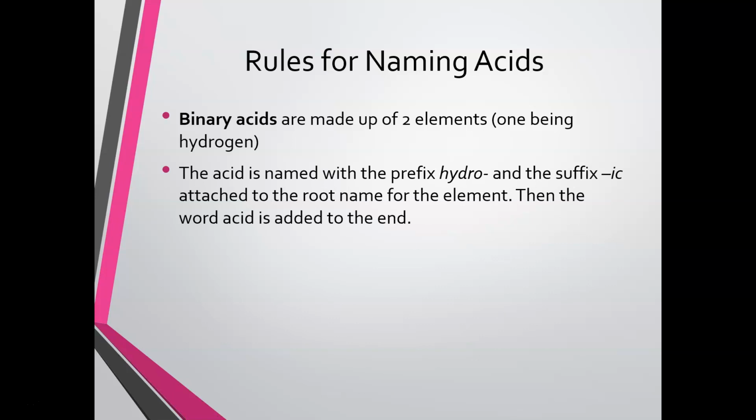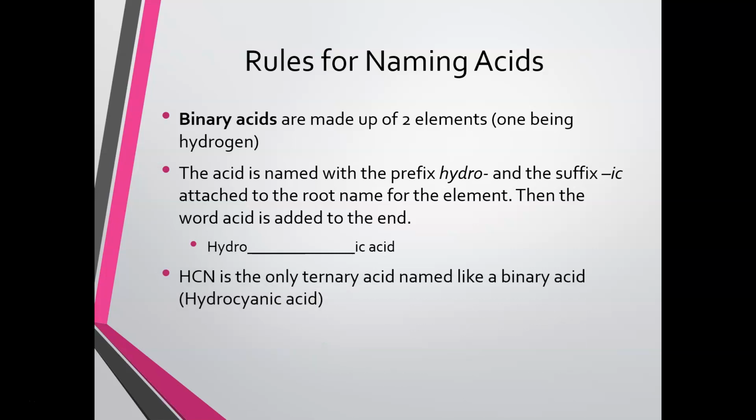In order to name the acid, we add the prefix hydro, which is acknowledging the hydrogen. Then the suffix, which means at the end, ic, which is attached to the root name for the element, and then we add the word acid at the end. So for all binary acids, meaning only composed of two elements, we follow the pattern hydro-blank-ic acid.